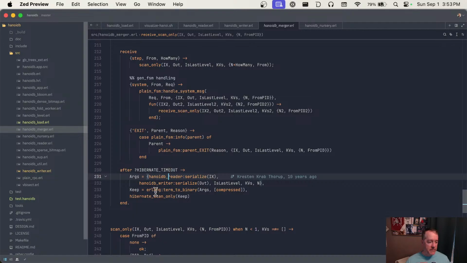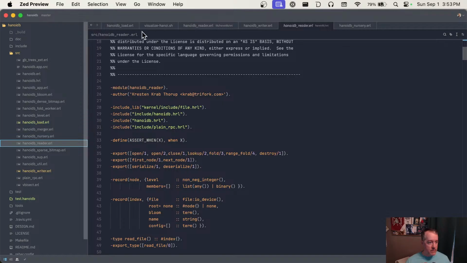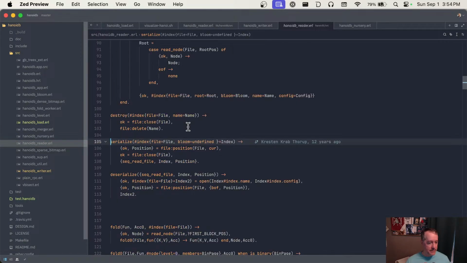And we should probably look at what the reader serialize and the writer serialize do. So let's jump down there. Okay, so it's just reading what is the current position in the file and closing the file, and then returning something that can be safely serialized.